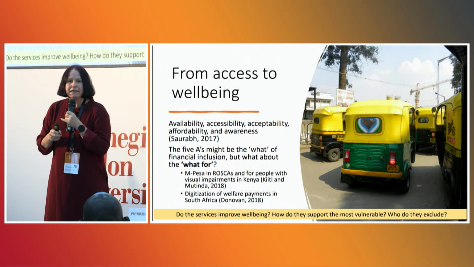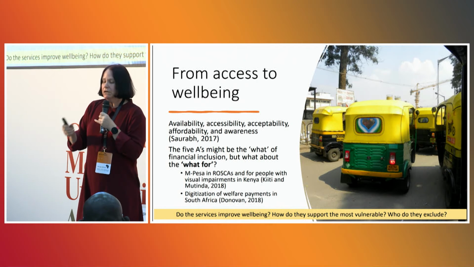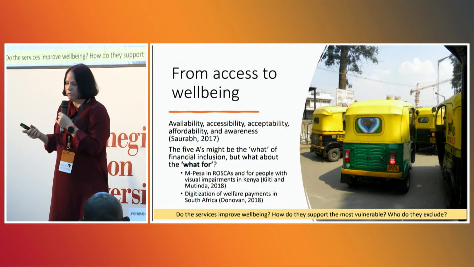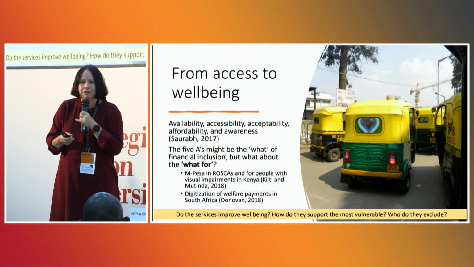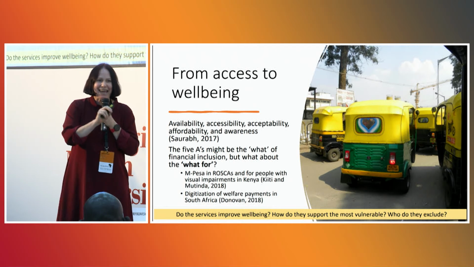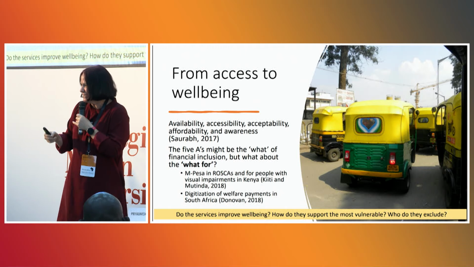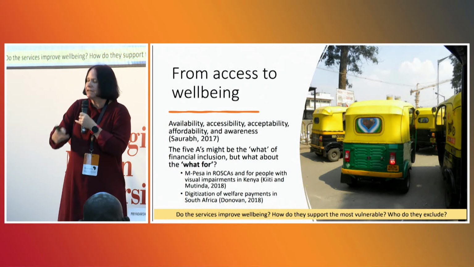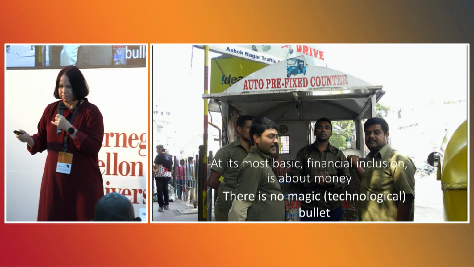And when we're designing anything, we need to ask ourselves, do the services improve well-being? How do they support the most vulnerable? And who do they exclude? And I can guarantee that every single service will exclude somebody. So it's really important to be intentional about that and then think about how you can mitigate it.